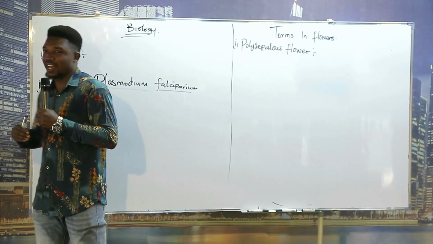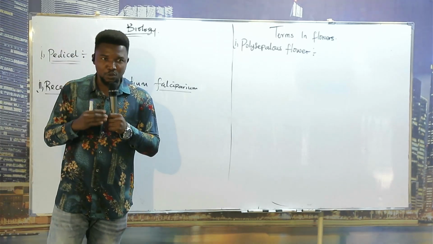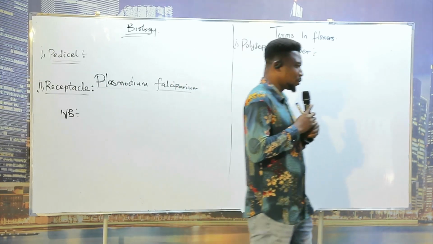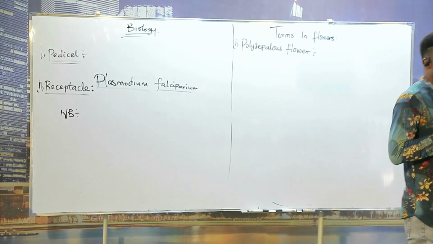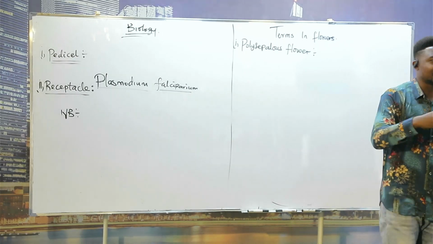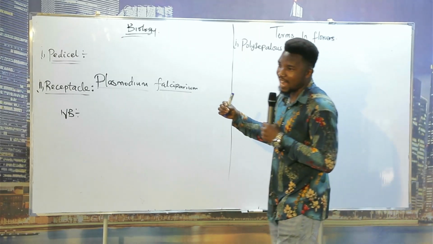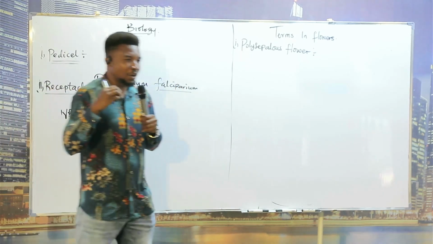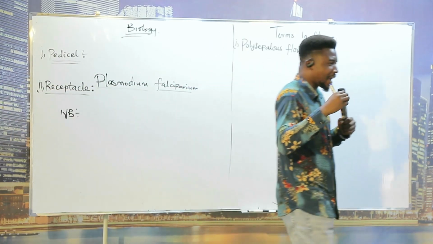Then we have Staphylococcus aureus. You know that cocci have different types. We have Diplococci, Streptococci, and Staphylococci.